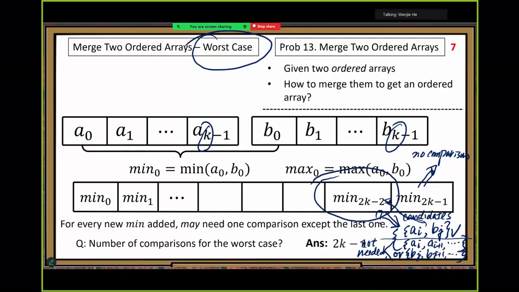Let me erase this part. 2K minus 1 is the answer. Worst case. Okay.